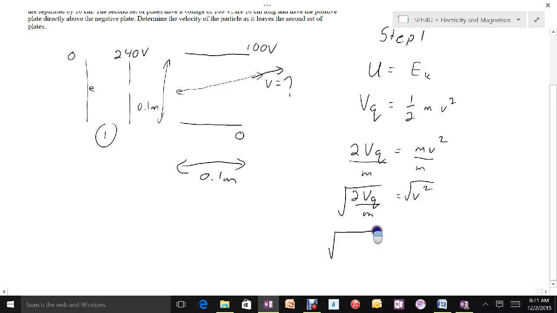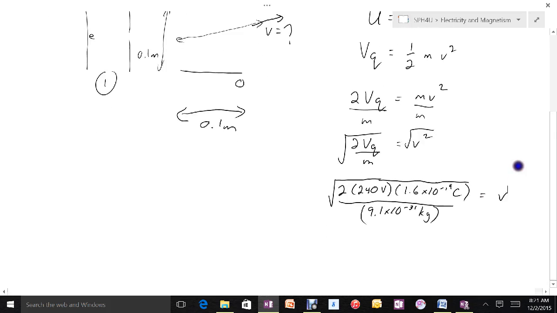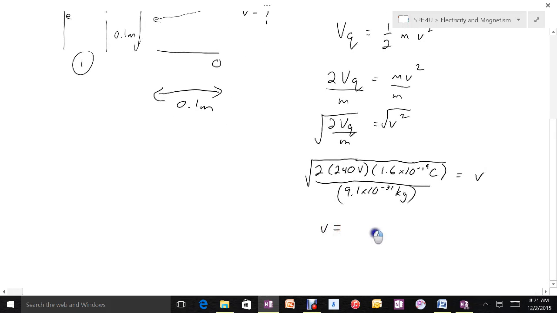So again, just to fill in those values, 2 times my voltage of 240 volts, times my charge on an electron, 1.6 times 10 to the negative 19 coulombs, divided by the mass of an electron, 9.1 times 10 to the negative 31 kilograms, will get me a velocity, and that velocity works out to be 9.2 times 10 to the 6.